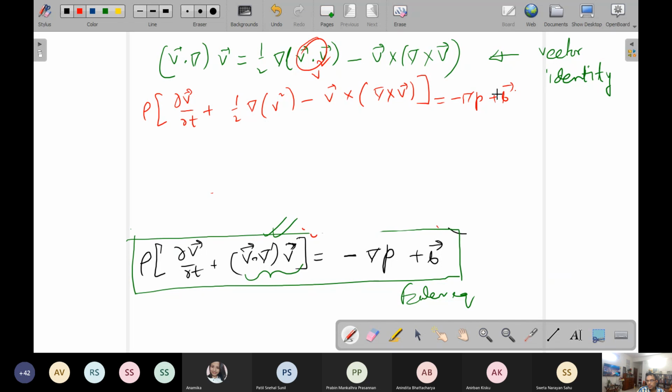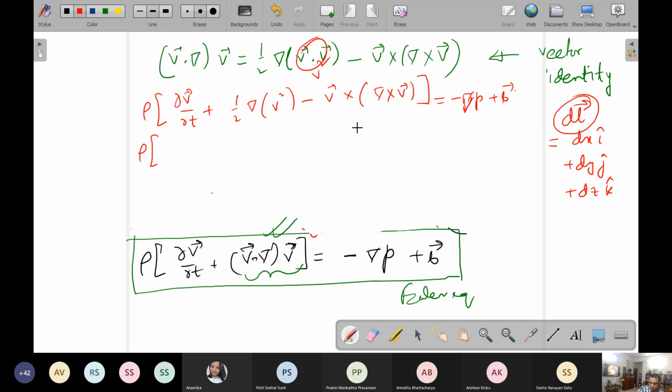Now what we will do is we will try to apply this equation, or this form of the Euler equation, along an arbitrary line segment given by the vector dl. So dl is nothing but dx i plus dy j plus dz k. So we want this equation to be applicable along this line element. So to do that, we are doing the following.